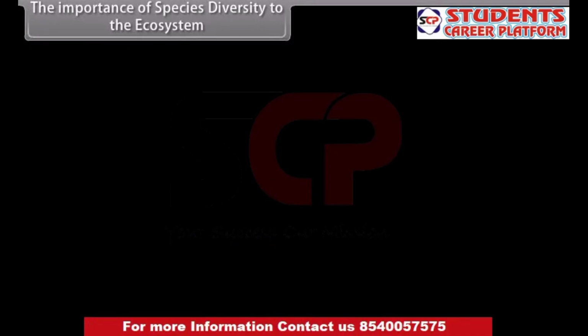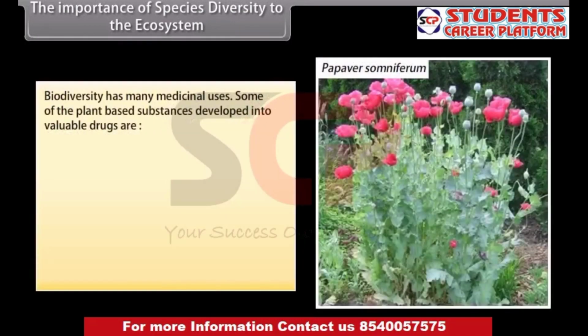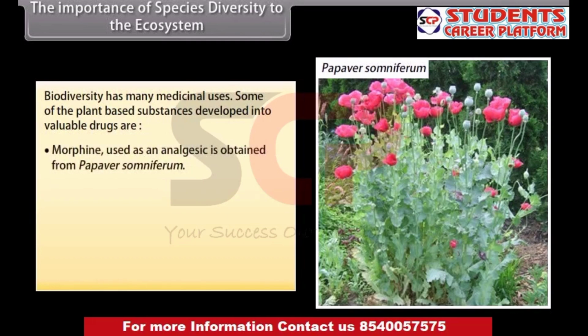The importance of species diversity to the ecosystem. Biodiversity has many medicinal uses. Some of the plant-based substances developed into valuable drugs are: morphine, used as an analgesic, is obtained from Papaver somniferum.